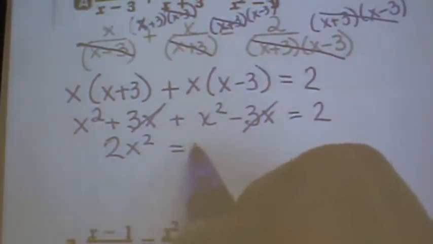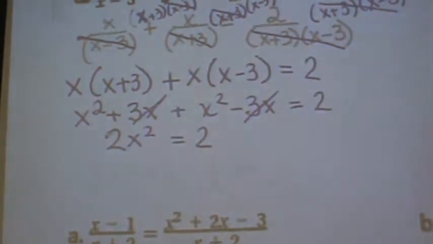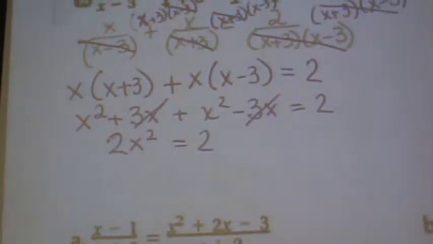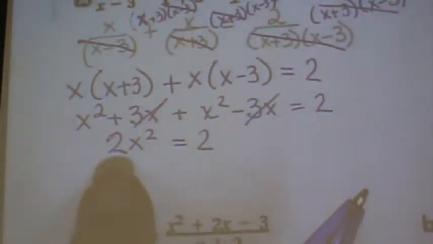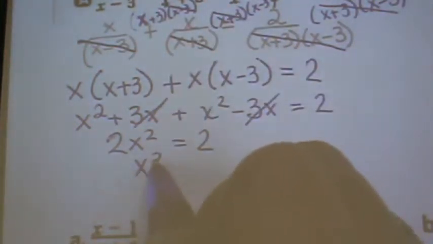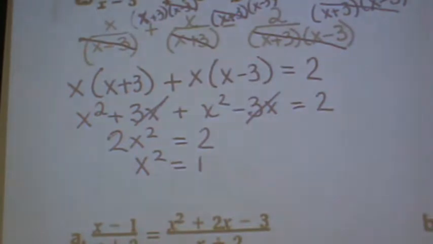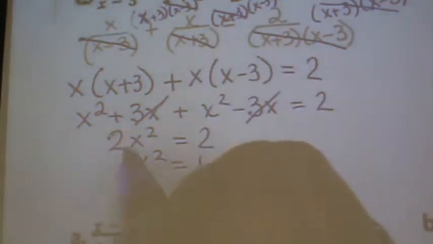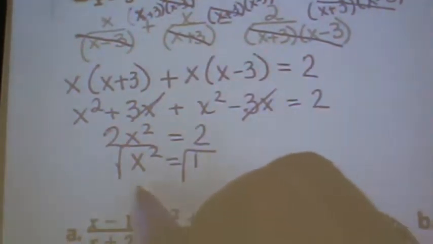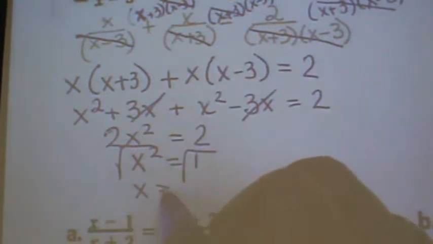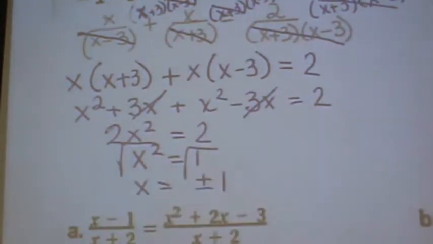They cancel. Next, what do you do? Divide by 2. So you get 1, then what? Square root. You guys remember this. Good. X squared equals 1, square root of both sides, and you get plus or minus 1.